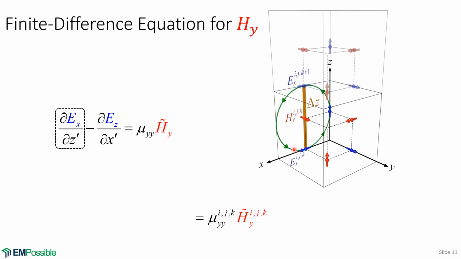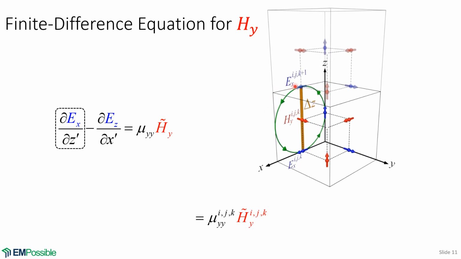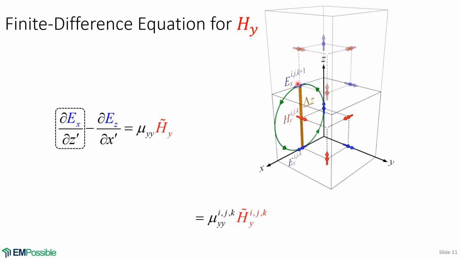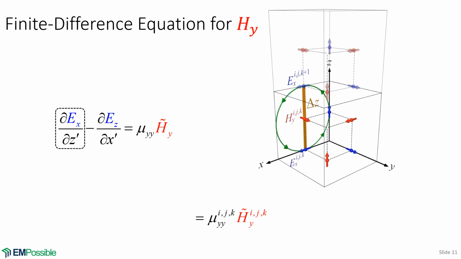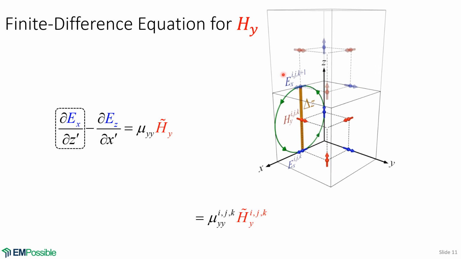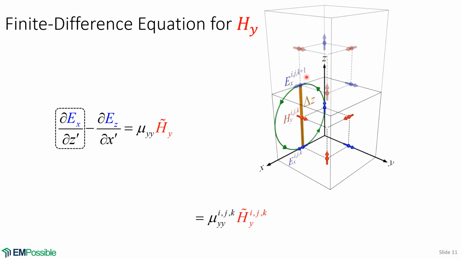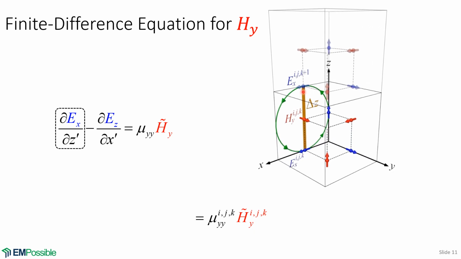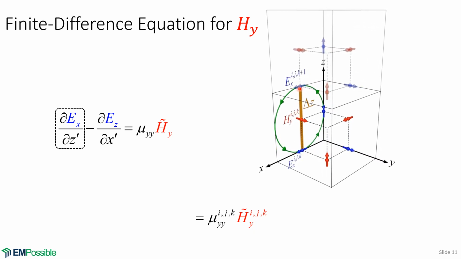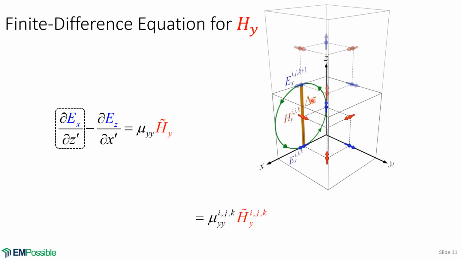That means we need to reach to the other side symmetrically over HY, which gives us EX in the next cell up in the Z direction. So now our finite difference approximation will be EX from the next cell up in the Z direction minus EX from the same cell divided by the spacing between them, which is delta Z, the Yee cell height.